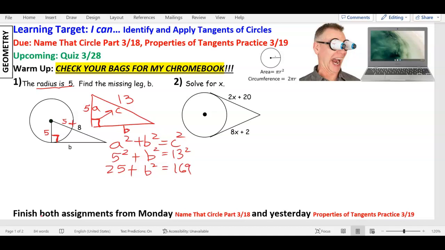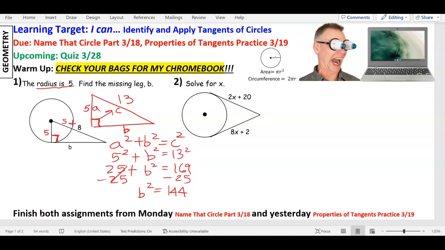Now, I'm solving for B, just like on the two examples we did yesterday. To get B by itself, I've got to get rid of this loner 25. So please remember, you're not adding these numbers together. They're on different sides of the equation. We're going to subtract 25 on both sides. What is 169 minus 25? You should get 144. Okay, so now I bring down B squared equals 144.